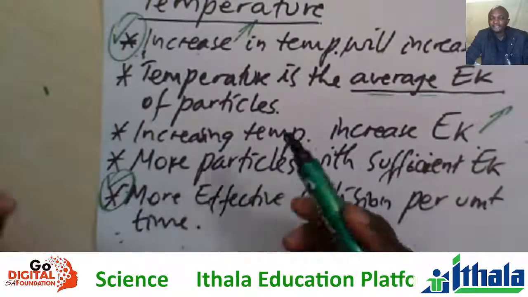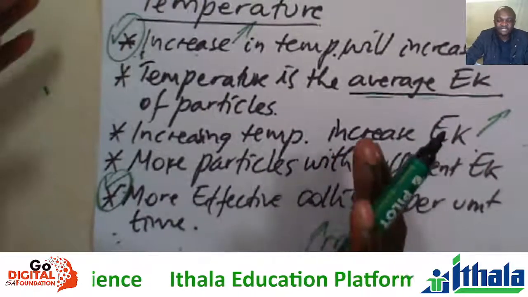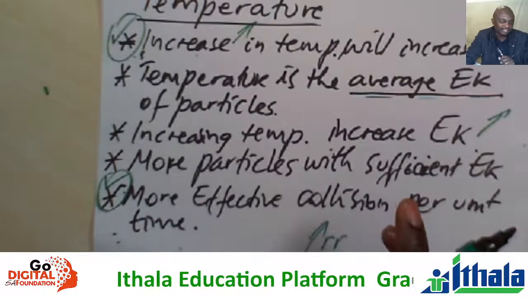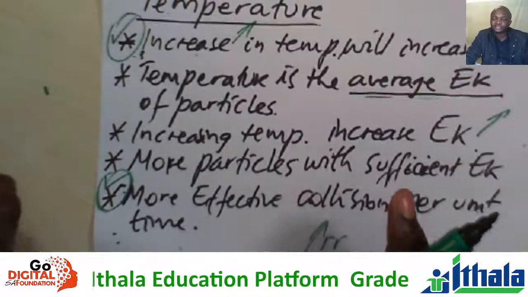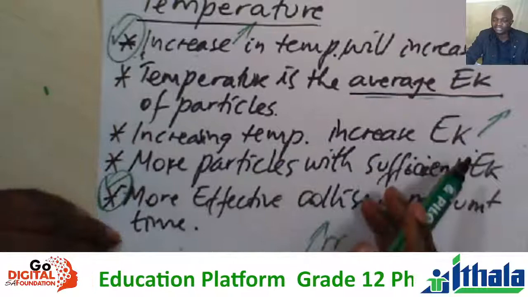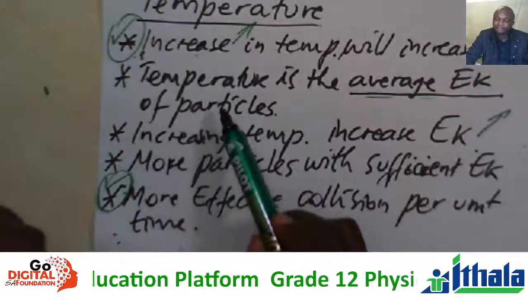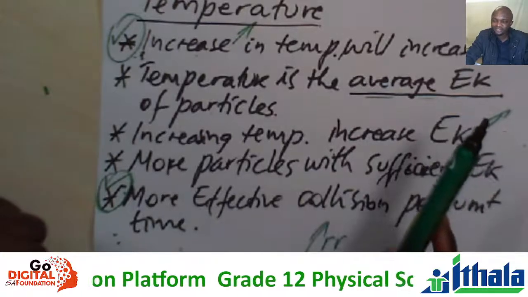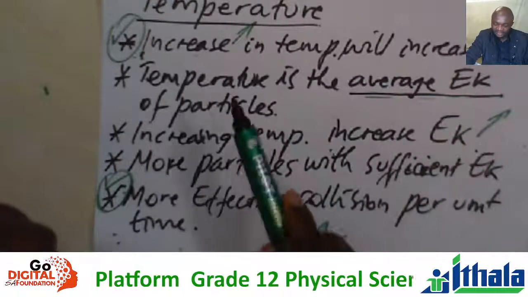Noma kuthiwa this reaction here was taking place at 25 degrees Celsius. This one took place at 30 degrees Celsius. Which reaction will be faster, or which one has a higher rate of reaction? So kuluma ke ngalokho. Because this one has an increase in temperature. So a greater temperature increases what?